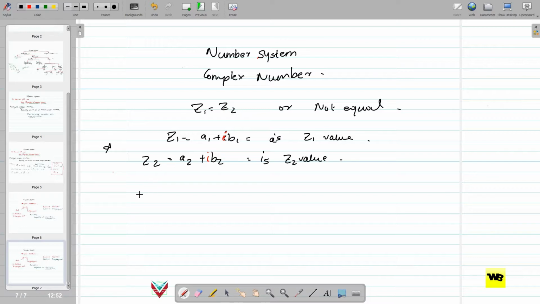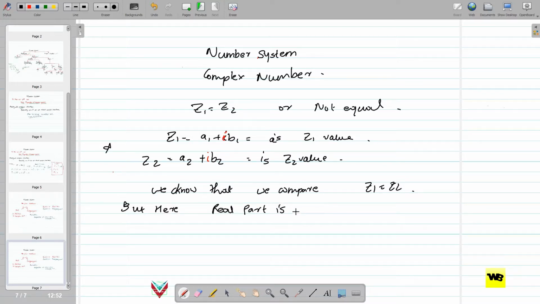Now here we have to compare Z1 equals Z2, but here the real part is compared and the imaginary part is compared.